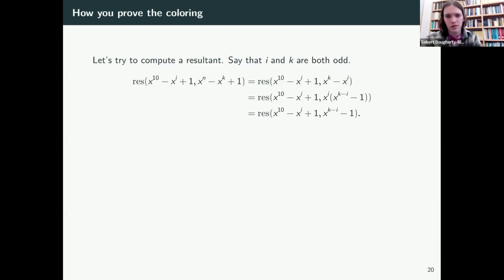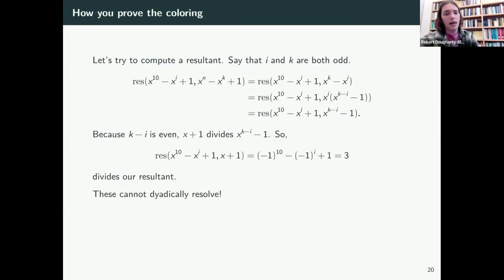Now, the only thing I really assumed is that i and k are both odd. And because i and k are both odd, that means that their difference is even. And because their difference is even, that means that x plus 1 divides this power of x minus 1, which means that at some point in this resultant computation, when we started breaking it up over irreducible factors, we will end up computing the resultant of our trinomial with x plus 1.